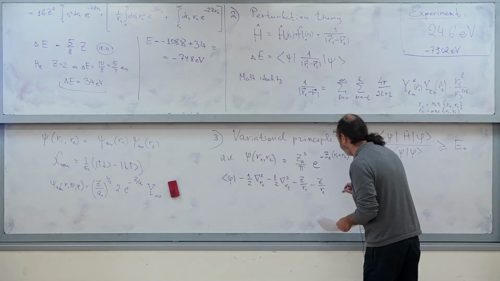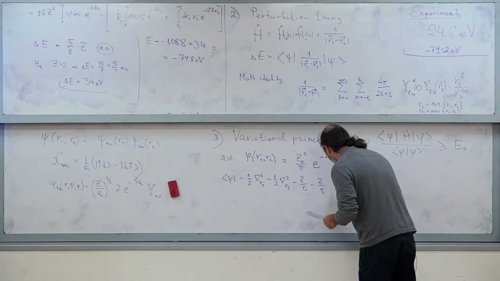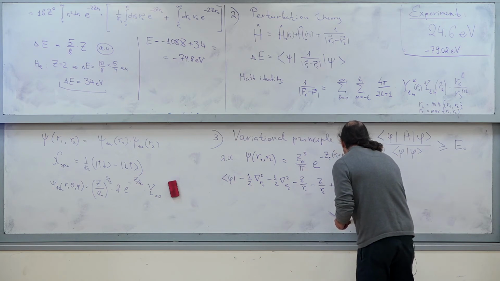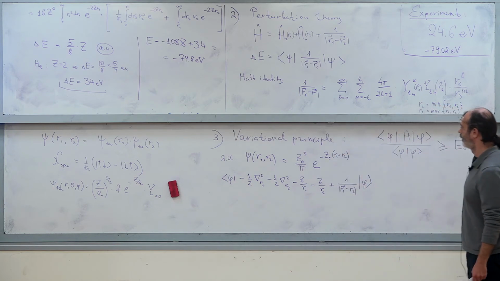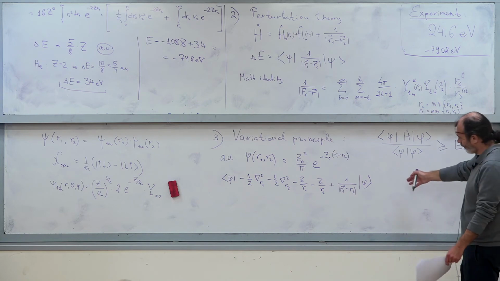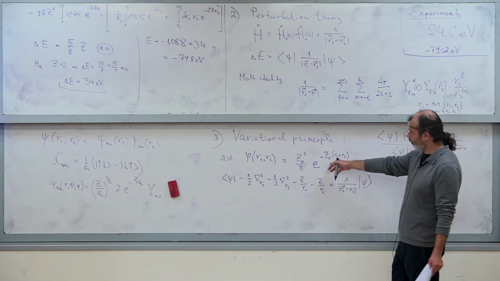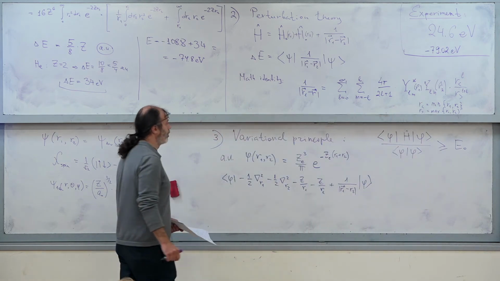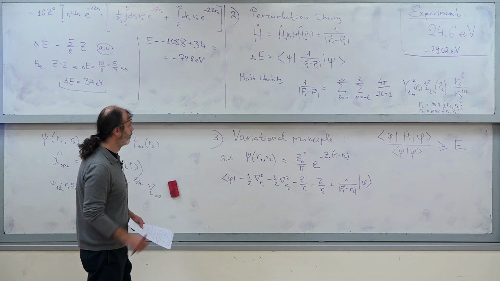And now we have the additional part, which is the interaction energy, 1 over the modulus of R1 minus R2. That should be the expectation value that we have to close with the wave function, which has ZE, the effective atomic number, in this exponential decay.